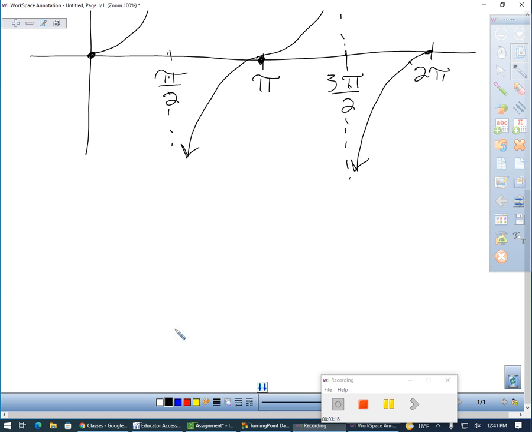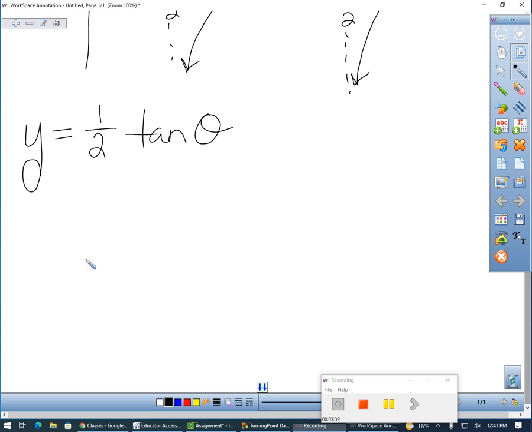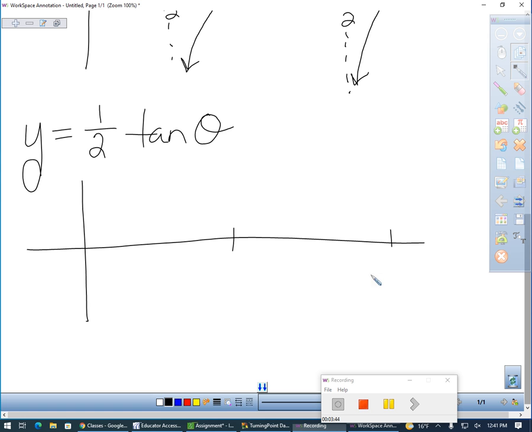So let's talk about how it changes if I put an amplitude in the front. If the amplitude was a fraction, that means we compress it, right? So instead of, go back up here for a second, instead of it curving, it's going to be more along the x-axis before it curves up. So when we graph this one, again, I'm going to go out here and mark my 2 pi, pi.